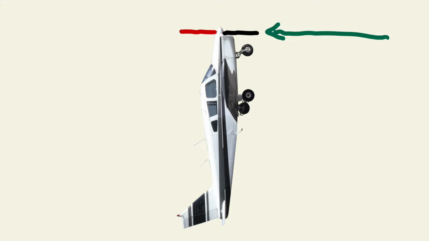Now we'll say that our relative wind is moving at 20 knots, and just for simplification's sake, we're going to say that our propellers are both moving at 200 knots. I know that's not realistic, a little imprecise even, but this is just to simplify the means of understanding this.